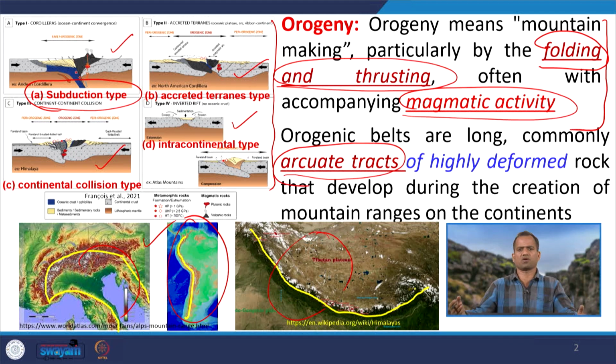If you remember our earlier class when we were talking about the subduction system, this is convex towards the subducting system. So, this is arcuate geometry of the mountains, and it is highly deformed due to folding, thrusting, faulting, magmatism and so on.